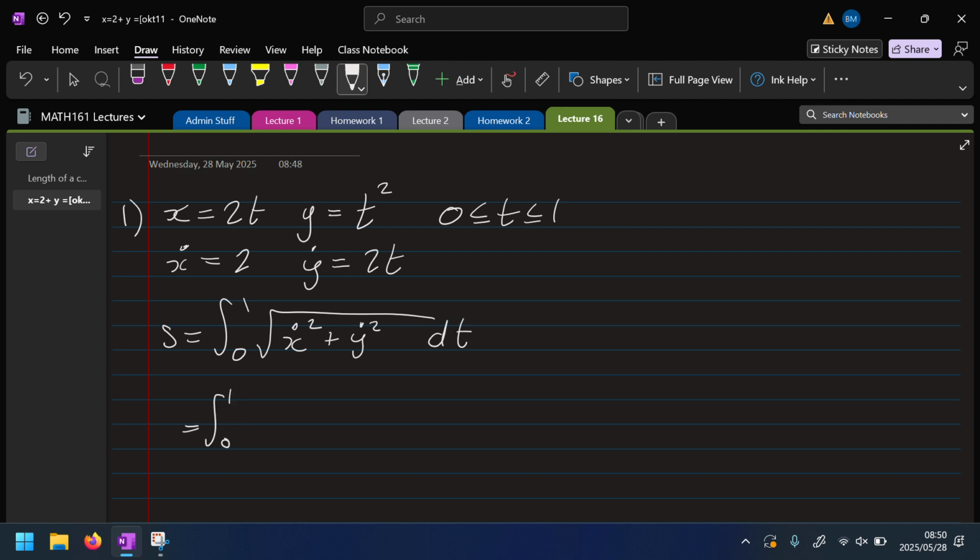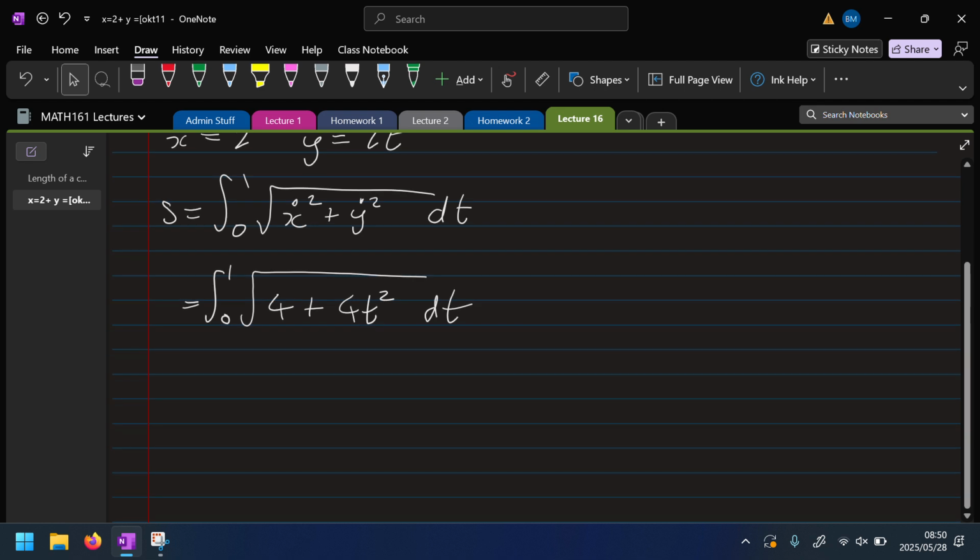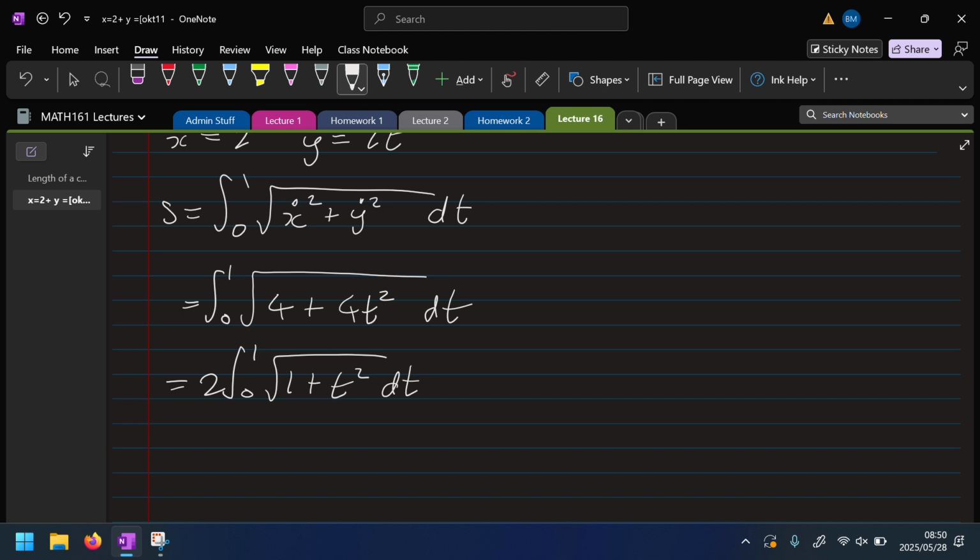So this will be the integral from 0 to 1, square root. x dot squared, that's just going to be 2 squared, so that will be 4, plus y dot squared, well, that's 2t all squared, so 4t squared, dt. 4 is a common factor for both. We can take it out of the roots. That will just become a 2 on the outside. So that will be 2 times the integral from 0 to 1 of root of 1 plus t squared dt.